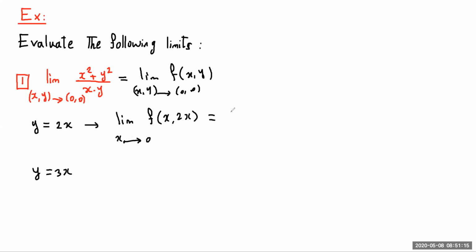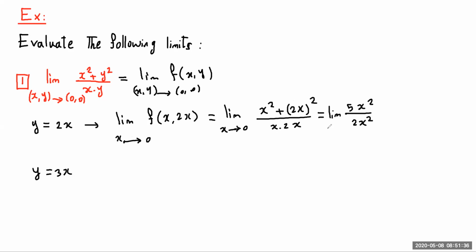What is f(x, 2x)? I will put instead of y 2x, so (x² + (2x)²) over x times 2x when x approaches 0. So up it will be 5x², and down 2x², and I have the limit when x approaches 0. So it's the limit of 5 over 2, so it's 5 over 2. Now let's take y equal 3x.